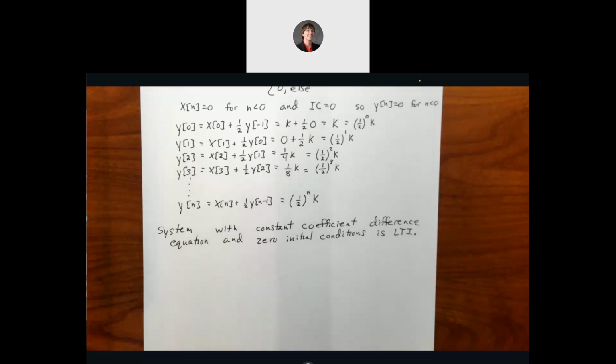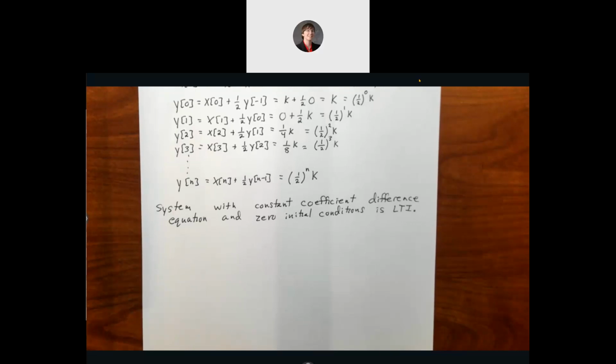And so what's actually really interesting for LTI systems is that we can also figure out the output to any input. So we said before, if I know the response, say, to u of t, and I know that my input is some linear combination of shifted and scaled versions of u of t, I can figure out the output to that.